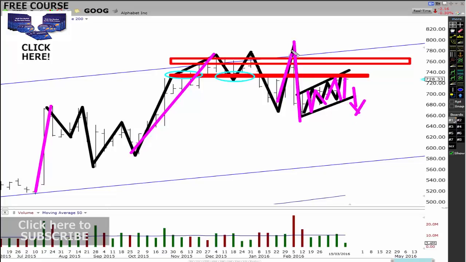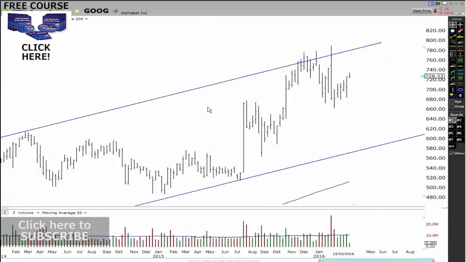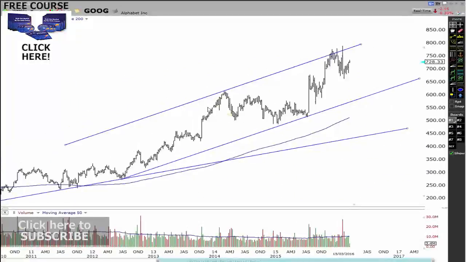But not only that, you can see by the strength, we're getting stronger sellers, weak buyers, which to me equals more strong sellers. So I actually have a bearish view on Google for now. If it starts breaking above, obviously, 760 and then heading up, then that's going to change. But that's where I'm heading right now. That's my view on Google right now, guys. And I hope you enjoyed this video. There are just a few chart reading techniques to help you no matter what time frame you're looking at.